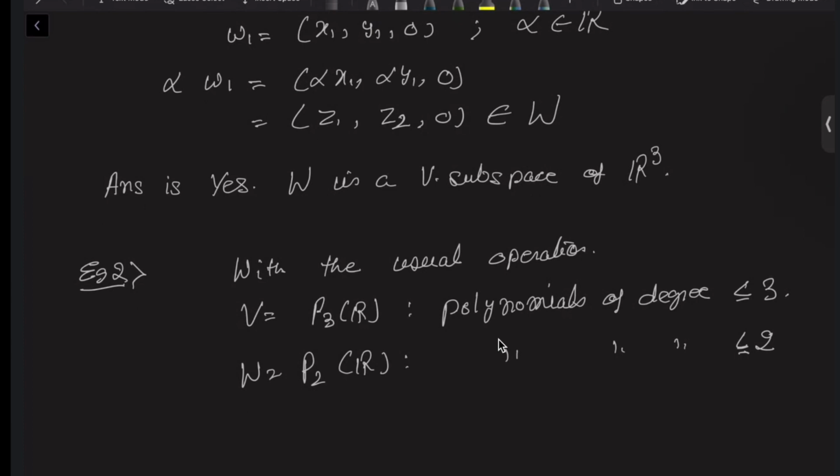So clearly we can see that P2R is actually a subset of P3R, right? Because all the polynomials whose highest degree is 2 are contained in all those polynomials whose highest degree is 3.